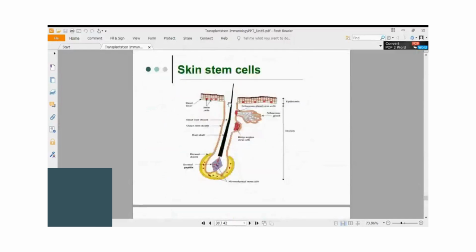Skin is the richest source of stem cells. It consists of two parts, that is the outermost epidermis and the inner dermis. Dermis is the largest layer, and the epidermis is the outermost layer, of which the most exterior layer is dead.